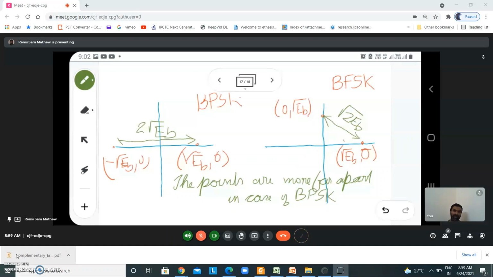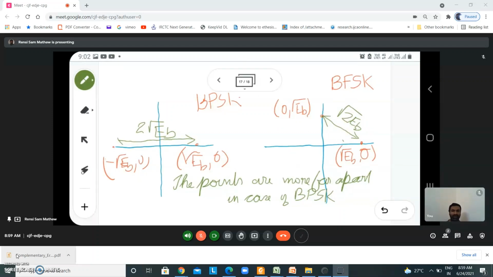So BPSK has lesser probability of error when compared to BFSK. So these are the comparisons between BPSK and BFSK. In this class we have seen the probability of error of BFSK and we have compared BFSK and BPSK.